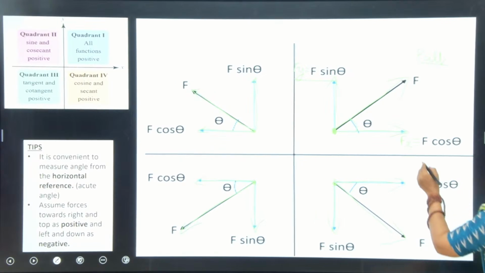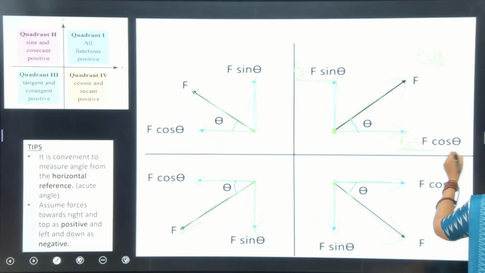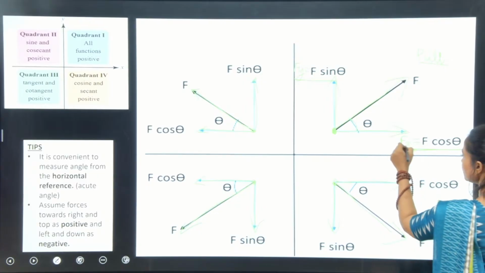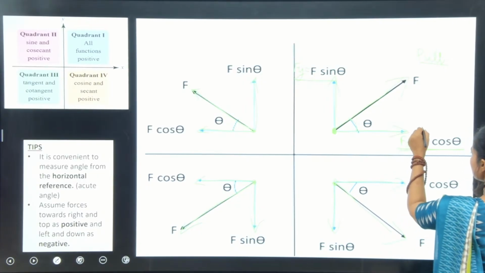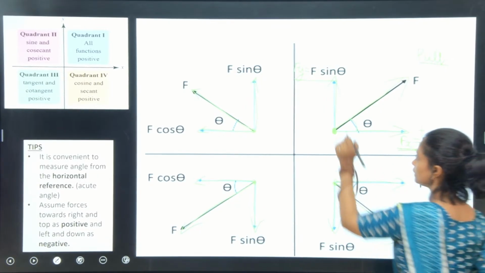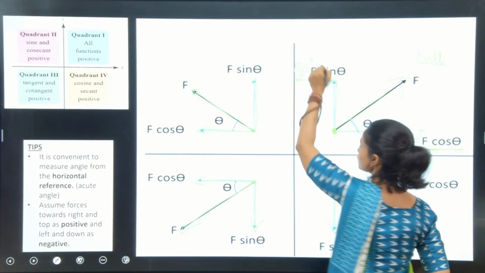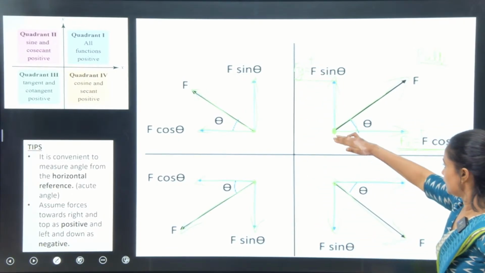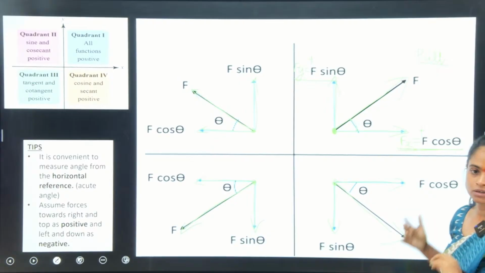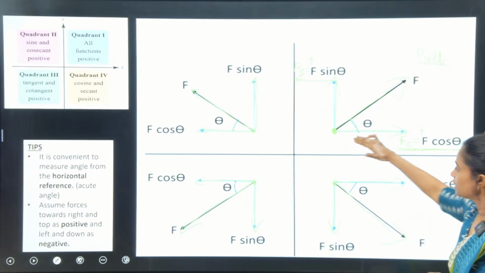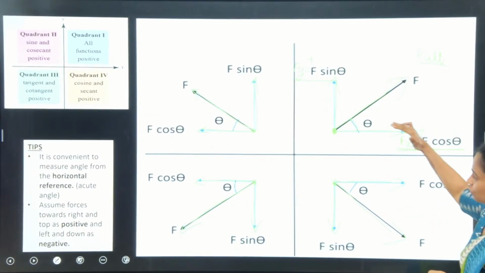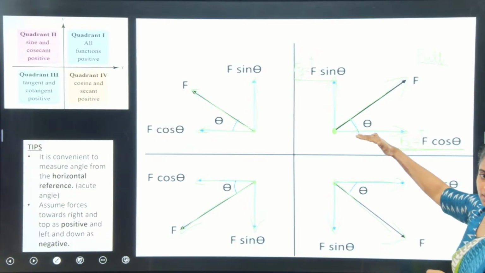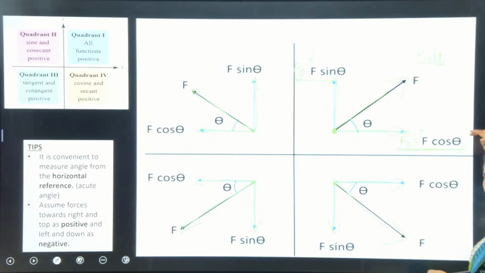So here this Fx, or this F cos theta, will have a positive sign, and the Fy will also be positive. Why? Because as a convenience, we take rightward force, forces acting along x-axis and towards the right side, as positive.